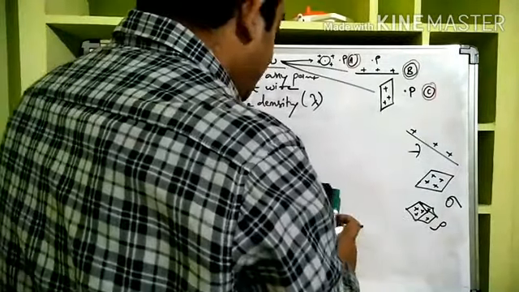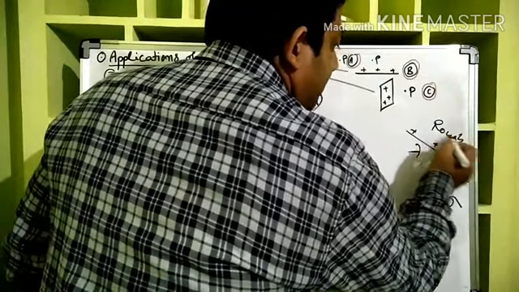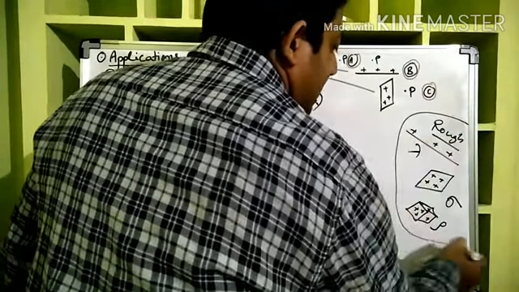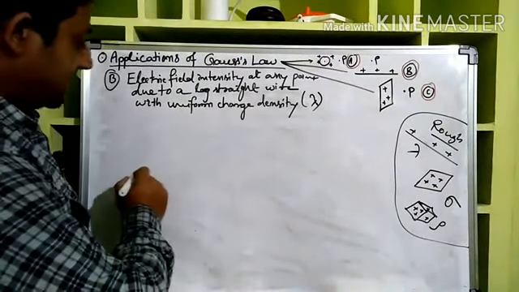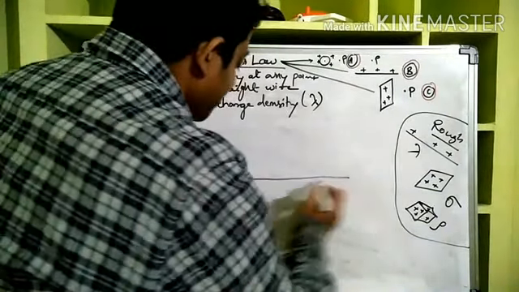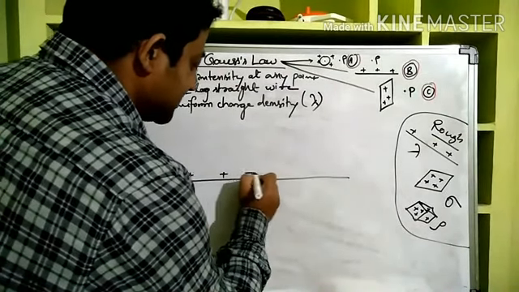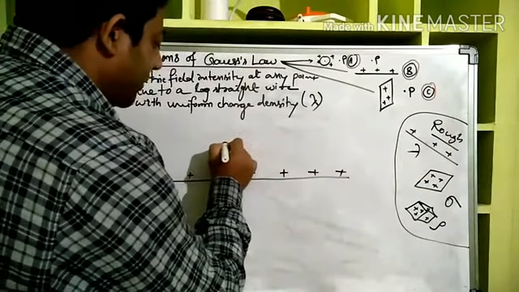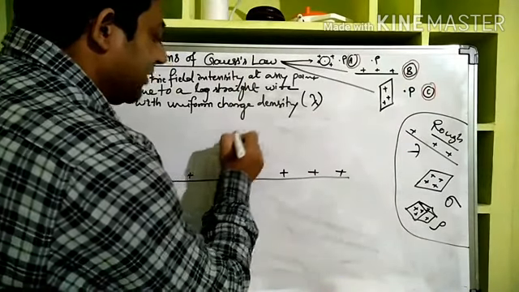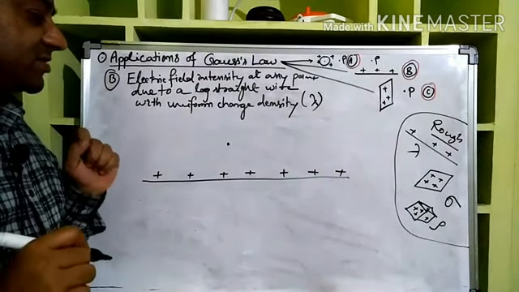This was just a recap. Now the application is: if there is a line with uniform charge density lambda, due to this, at any point, what is the electric field intensity that we are going to calculate. This is the second application.